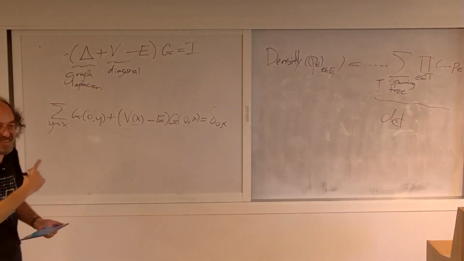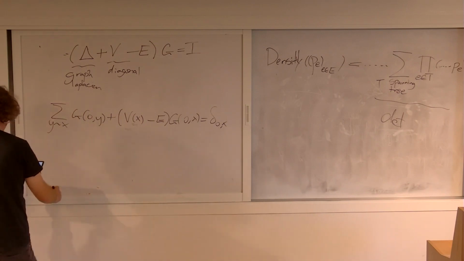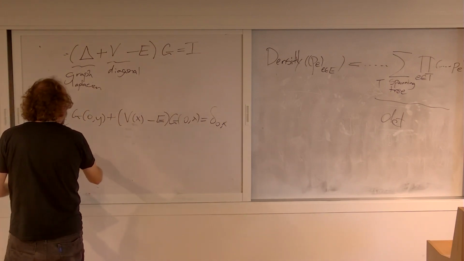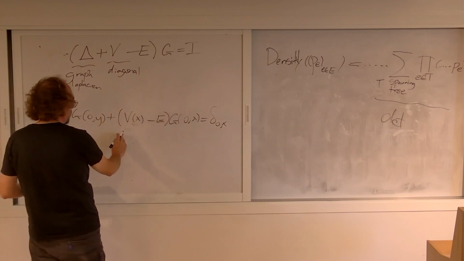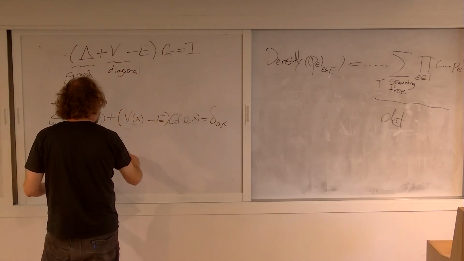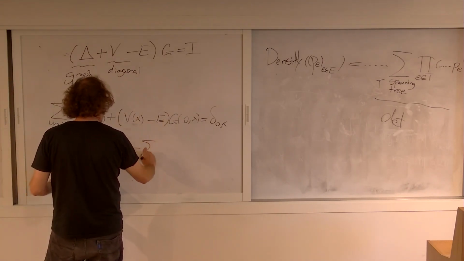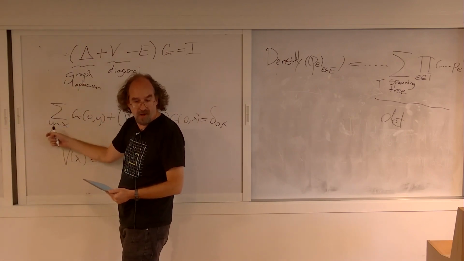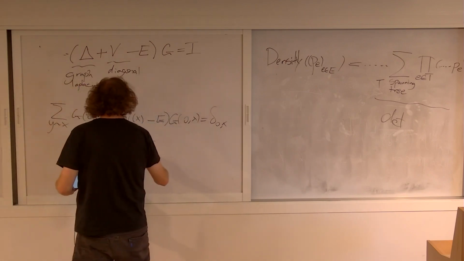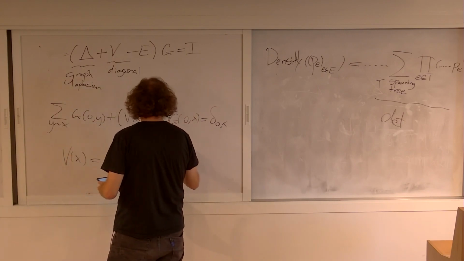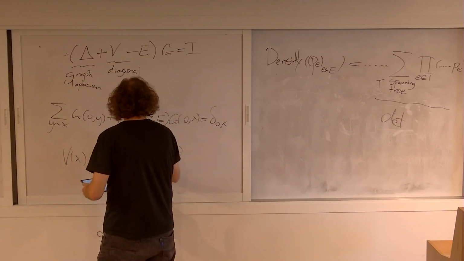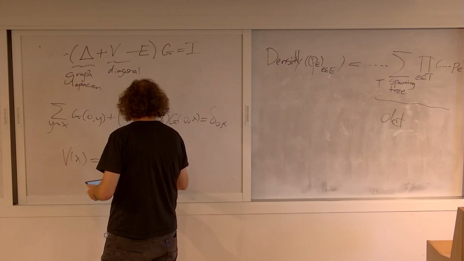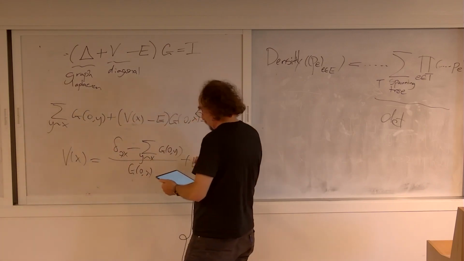Let's extract V out of G. That's just a calculation. It's delta 0x minus this sum, where, if somebody is not familiar with the notation, y are the neighbors of x. You divide by G of 0x, and you add the energy, whatever.